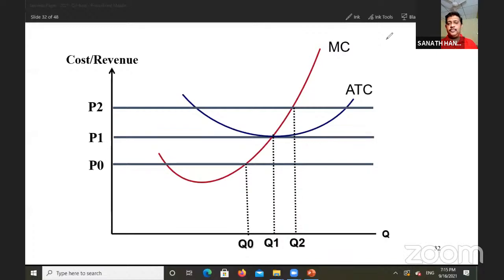Profit maximizing output level is Q naught when the price is P naught.